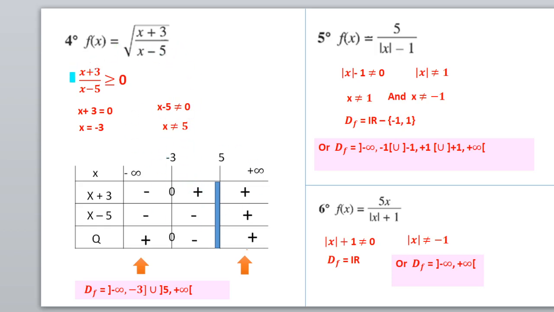Let's see how. x plus 3 over x minus 5 should be greater than or equal to 0, all of it I mean. But x minus 5 should not be equal to 0.